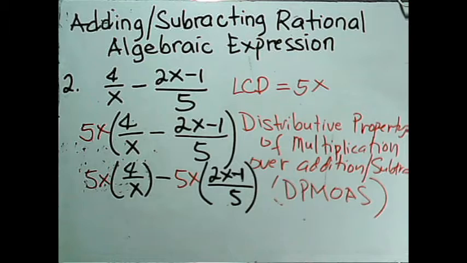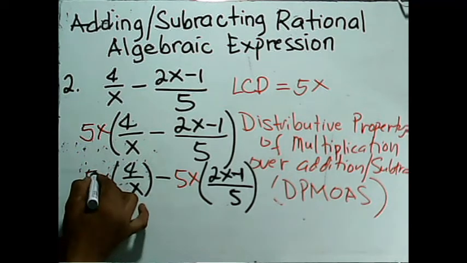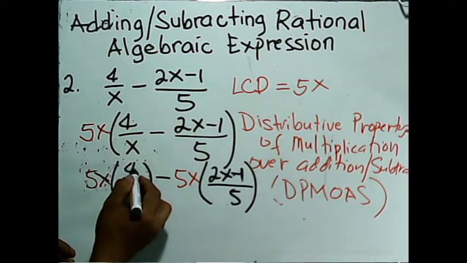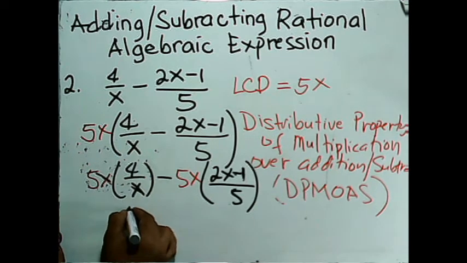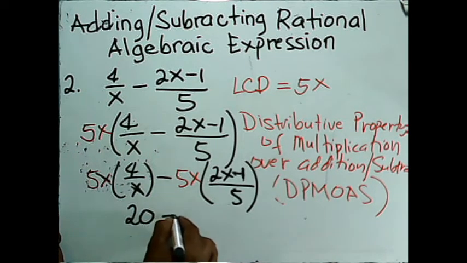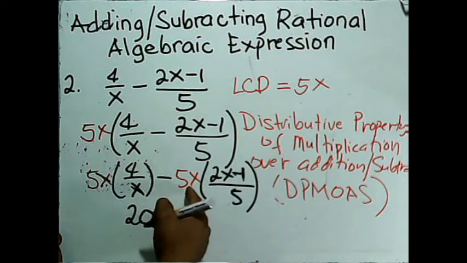Okay, so then we are going to multiply. 5x times 4 over x, we can cancel x, and then 5 times 4 is 20, minus, we distribute.